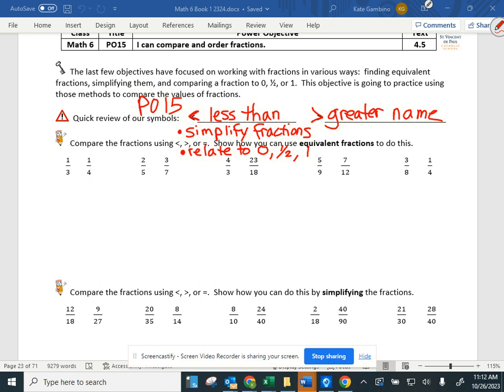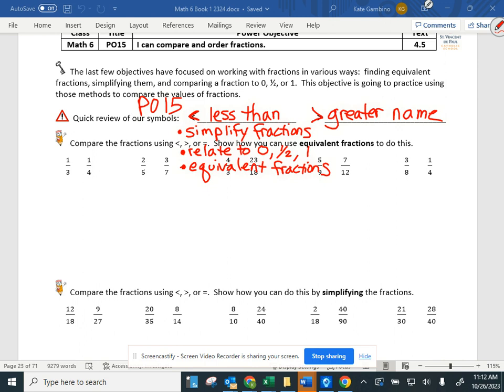Oh, or equivalent fractions. So look to see which method you're going to use. Which method are you going to use to compare them? Are you going to simplify your 2 fractions? Are you going to find equivalent fractions, or are you going to relate them to 0, half, and 1? You're going to use one of those methods to solve this objective.